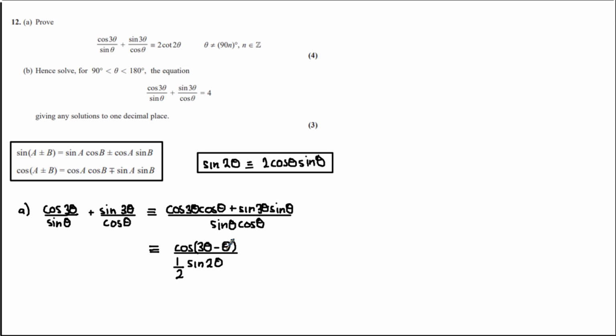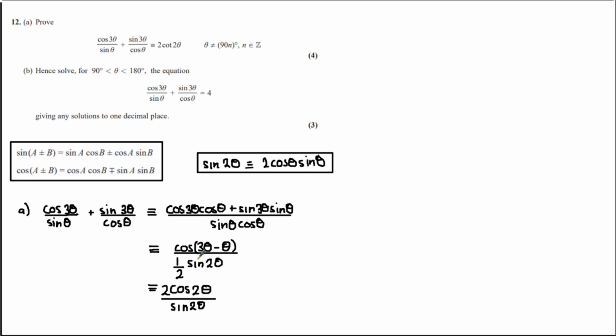Looking at our numerator, we can see that we have 3 theta minus theta inside brackets, which is equal to 2 theta. And in order to get rid of this fraction in the denominator, we can multiply the top and the bottom of this fraction by 2. So this whole expression is equivalent to 2 in the numerator, which we got by multiplying the top and bottom by 2, multiplied by cosine 2 theta.